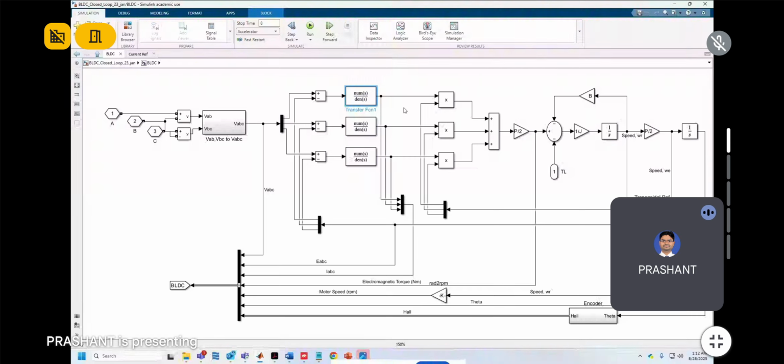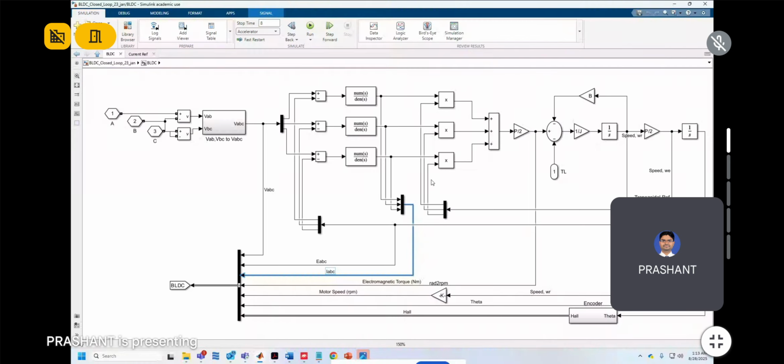So here I am getting IA, from here I am getting IB, and from here IC. So from VABC and EABC, we are getting IA, IB, IC. So these are the stator phase currents of the BLDC motor.